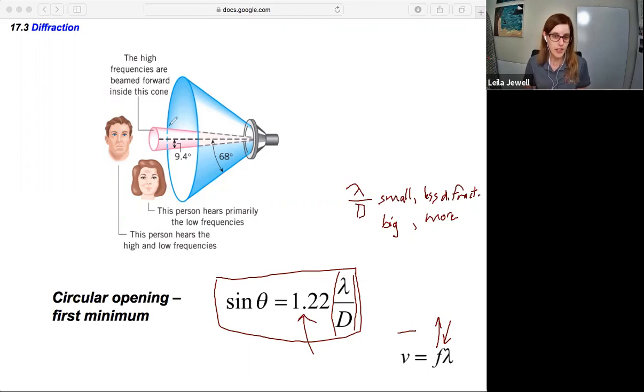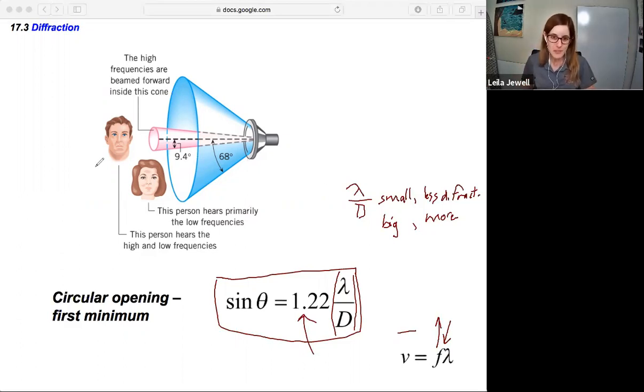And that's what's shown with this pink curve, that high frequency sounds coming from the speaker aren't diffracted or bent outward, right? They're at a tiny angle of 9.4 degrees. This is known as beaming: if the sound isn't diffracted much, it's beamed forward, like turning on a flashlight, right? It's just traveling in a straight line.